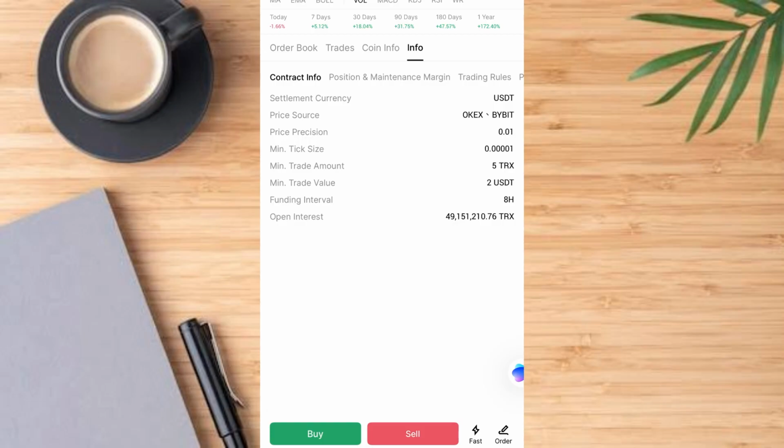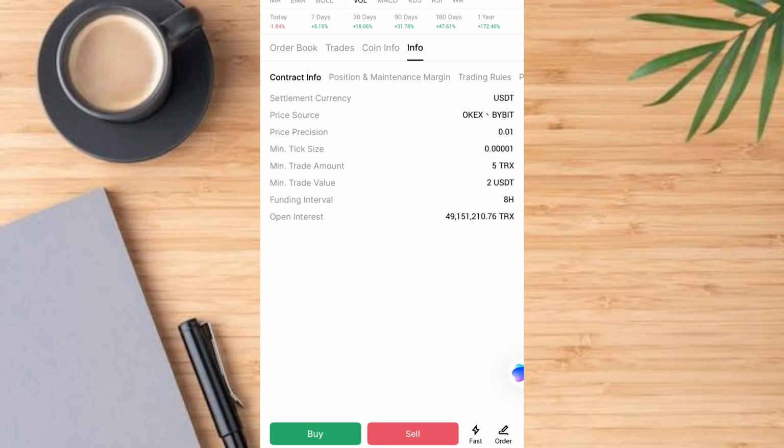Under information, you have the contract information, which is settlement currency USDT, OKX/Bybit. Then price precision 0.01%, then minimum, that is tick size, you have it here. Then maximum trade amount 5 TRS, minimum trade value 2 USDT, fund interval 8 hours.